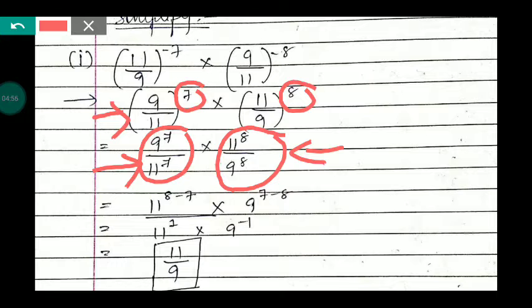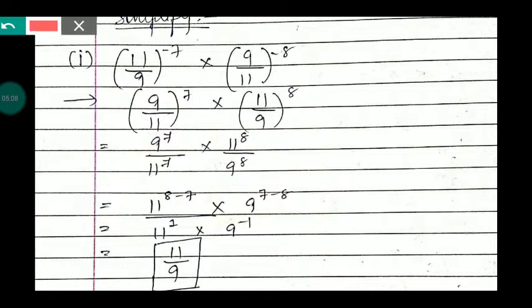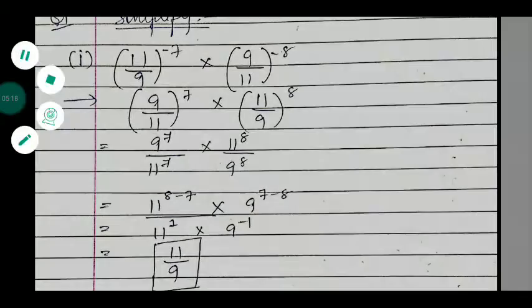With rule number 2, that is when they are in division, the powers are subtracted for the same base. So 11 raised to 8 and 11 raised to 7, as well as 9 raised to 7 and 9 raised to 8.